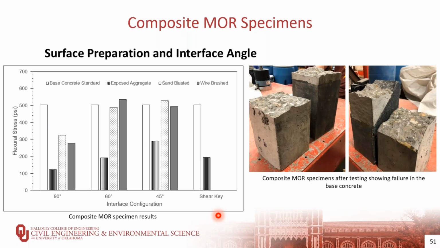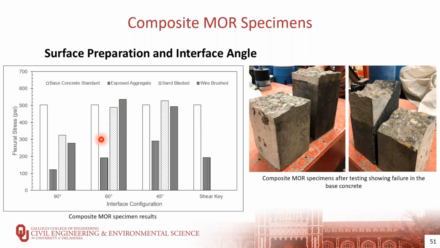We also examined bond with conventional concrete. So say if this was going to be used in a joint, examining how well our material bonded to that conventional concrete for different surface preparations. The white bar here shows the conventional concrete flexural strength.